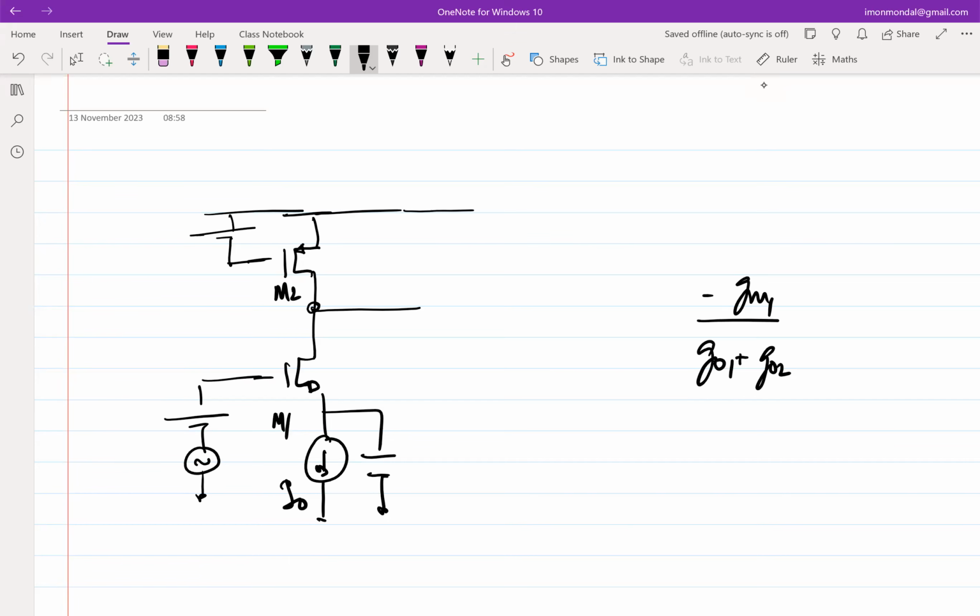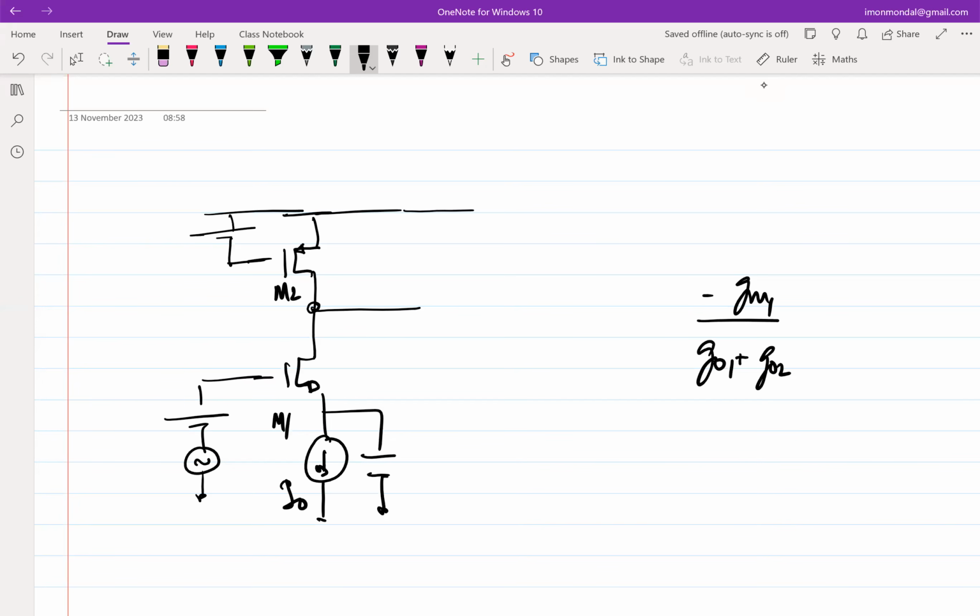At what rate does GM increase? Under root I. At what rate does GDS increase? Proportional to I. So what should I do? How does the gain vary? The gain decreases if I increase I naught, right? So if I have to increase gain, I have to decrease I naught, right?